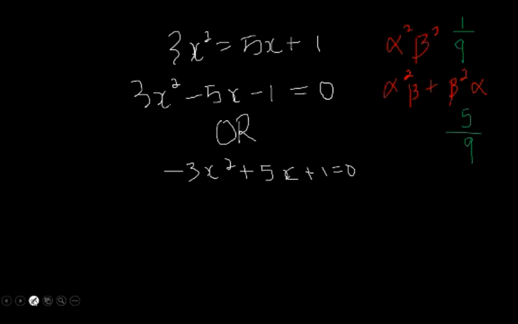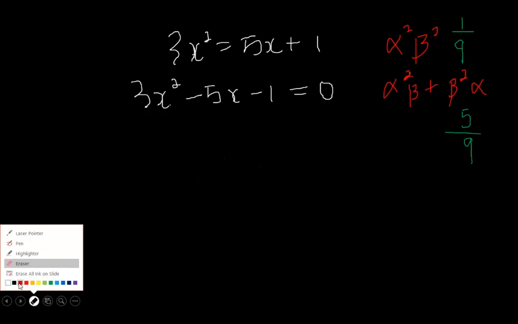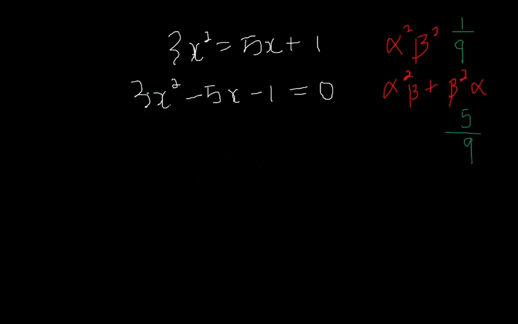Doesn't matter. Like I said, most people just prefer to work with a positive coefficient of x squared, so A being positive. So the next step is to identify A, B, and C. Can anybody tell me what's A, what's B, and what's C? A is 3, B is negative 5, and C is negative 1.